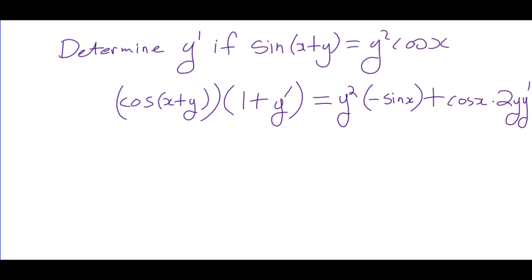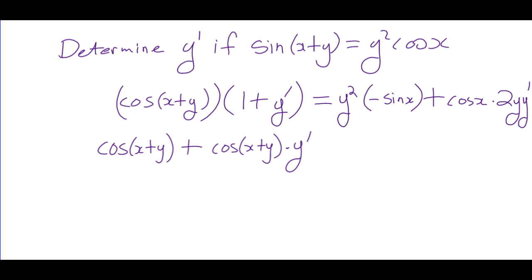Now we got to expand the left side, leave the right side as it is, get the y primes on one side, get the not y primes on the other side, and divide it out, and we'll be there. So cos of x plus y times 1 is the cos of x plus y, plus the cos of x plus y times y prime.